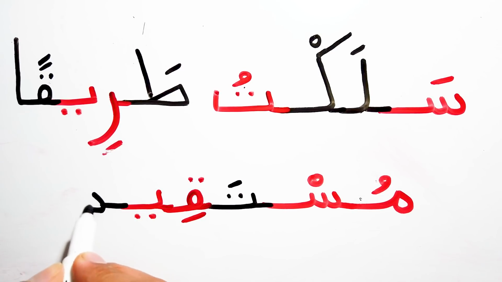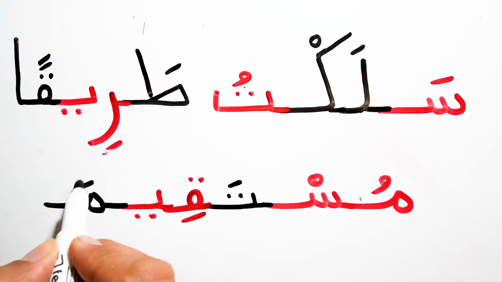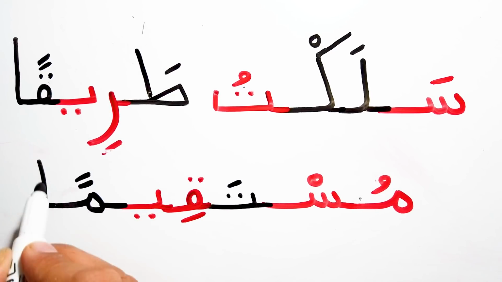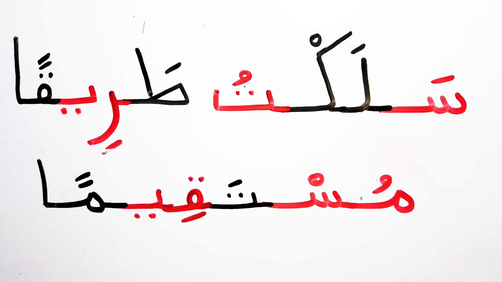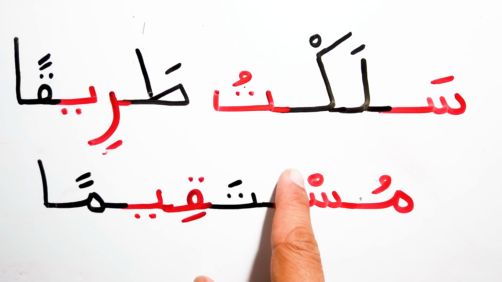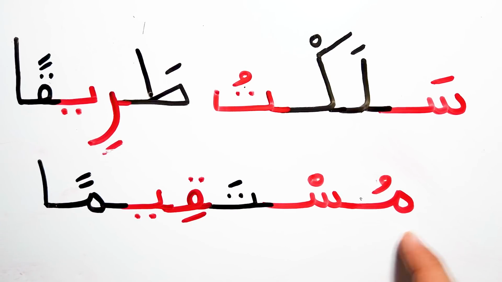Again we have tanween bil fatha. So let's check the syllables. Mus, in the first syllable we have two letters because we have sukun here. We must connect this letter to the previous one in the same syllable and we pronounce both of them together. Mus, ta, and then qi.